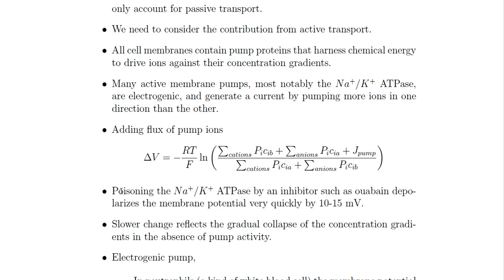So we are going to have this voltage difference. But inhibiting the Na+/K+ ATPase with inhibitors such as ouabain depolarizes the membrane potential very quickly, by 10 to 15 millivolts, and the slower change reflects the gradual collapse of the concentration gradient in the absence of pump activity.